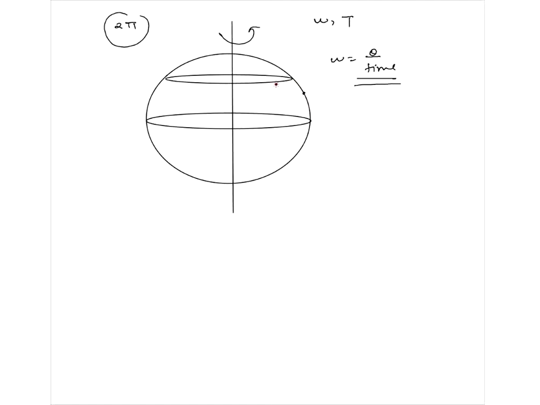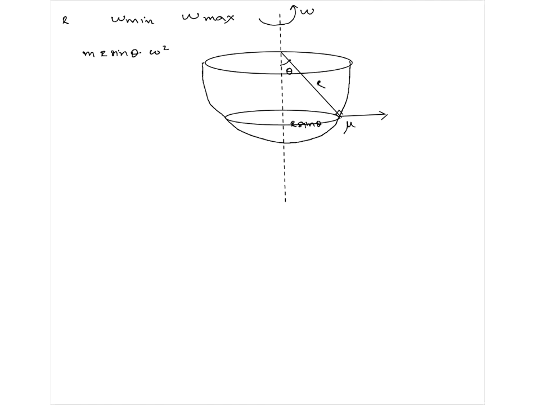So some water particles inside, 100 feet or 150 feet or even more than that, some other particles, they will all have the same omega. That means whether you consider this particle going round and round, this particle, or this particle, for everybody omega is same. So this omega is for the whole object.